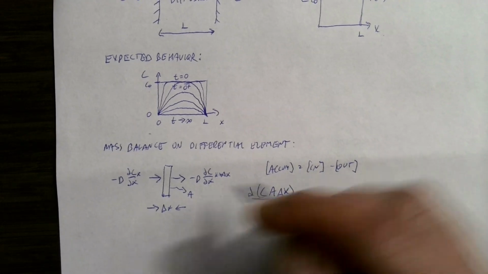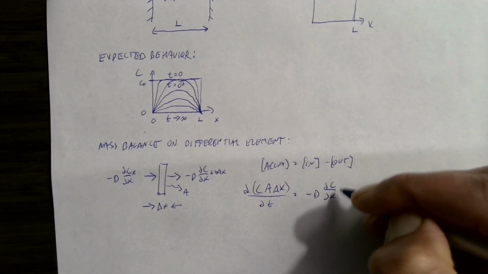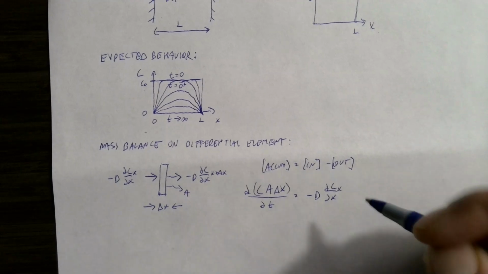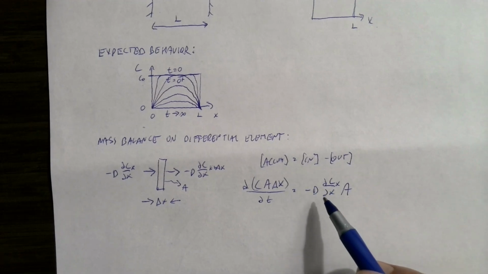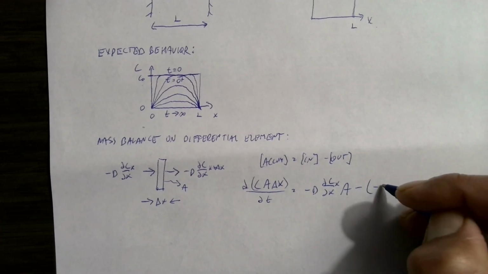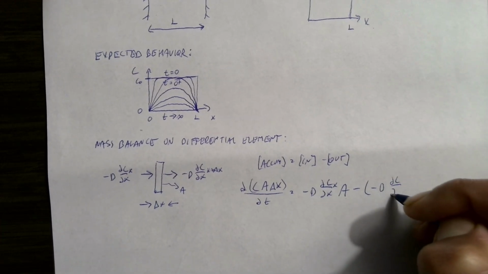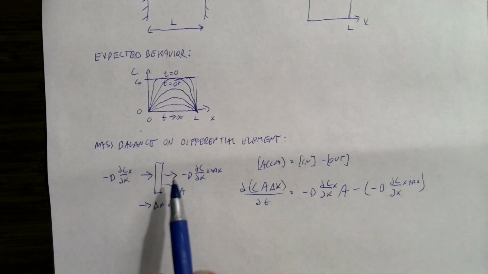Okay, and that needs to equal the flux in, which is going to be minus D dc dx at x, and that's a flux, so it needs to be multiplied by area, so this is mass per volume per area, and then minus a negative D dc dx at the x plus delta x, so this is like the mass flowing out.